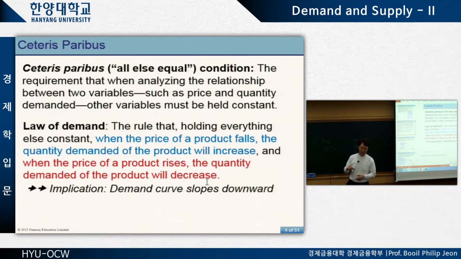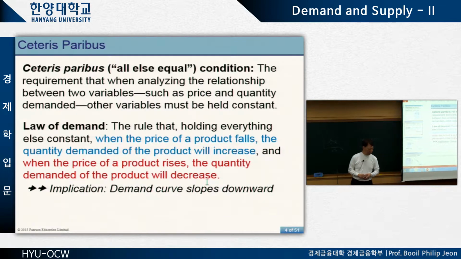What if price went up? Based on the law of demand, we would predict the quantity demanded will go down. But if the product is really necessary, everybody has to have a smartphone, then the price will not really affect the quantity demanded.